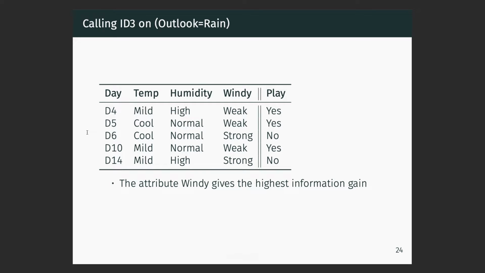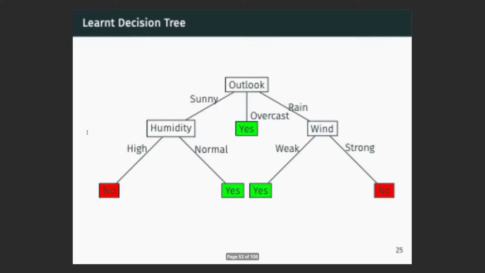So again, the attribute windy will give you the highest possible information gain in this case, and thus you end up creating this particular tree, and the procedure will stop now. You don't have anything else to do. You don't have any other question mark left now. Right? Any questions till now?